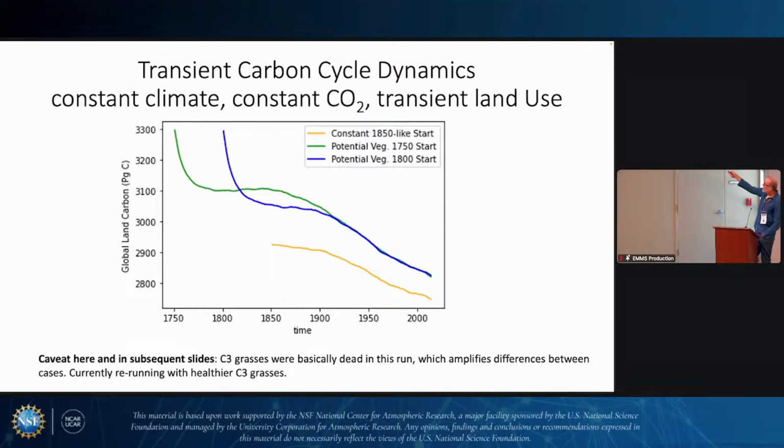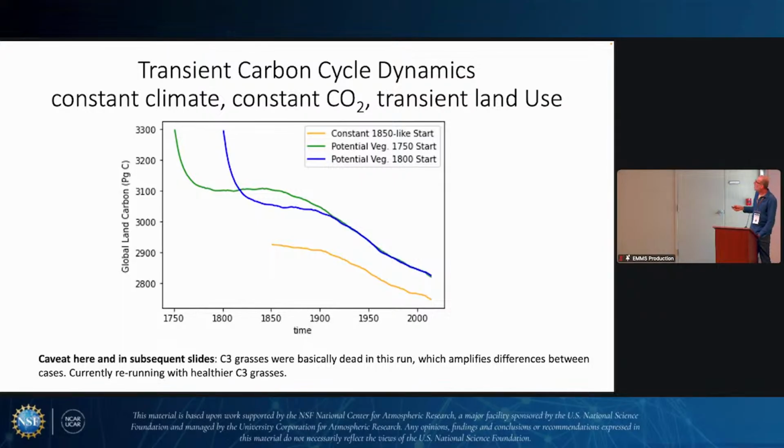The blue and the green line come back together about 120 years after the start of this one. So this is starting at 1800, and these two lines don't reconnect until about 120 years after the start of the blue line.